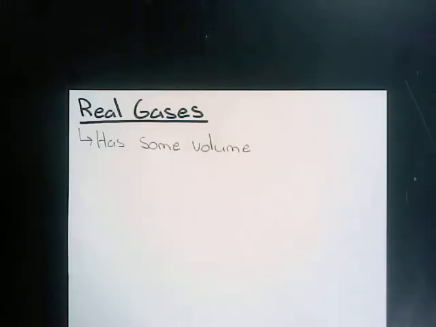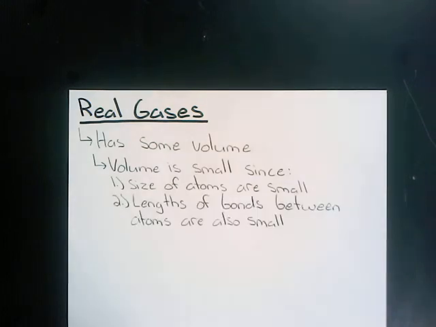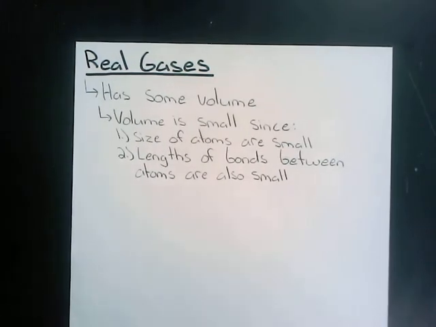Well, in a real gas, what actually happens is that it's going to have some volume. Now, in a real gas, the volume itself is pretty small for a couple of reasons. One, the size of atoms is small. Number two, the lengths of bonds between atoms are also small. And no matter what gas we actually have in the real world, those particles are going to be subject to intermolecular forces.